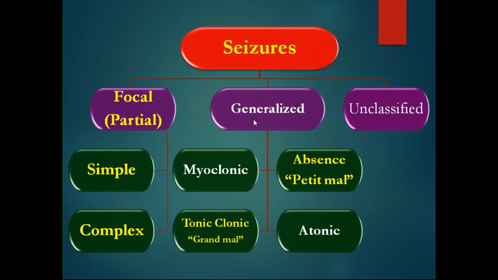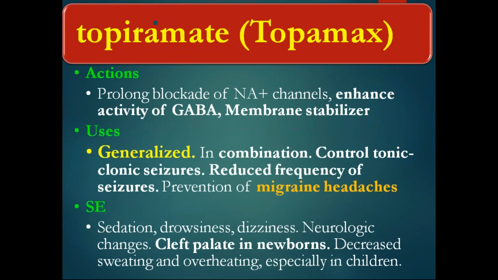Okay, so that is what we were talking about, seizures. So let's keep going. We have the last few ones, and what I want you to be familiar with is the Topamax on the top. Topamax is actually used for generalized seizures. It can be used for migraine.